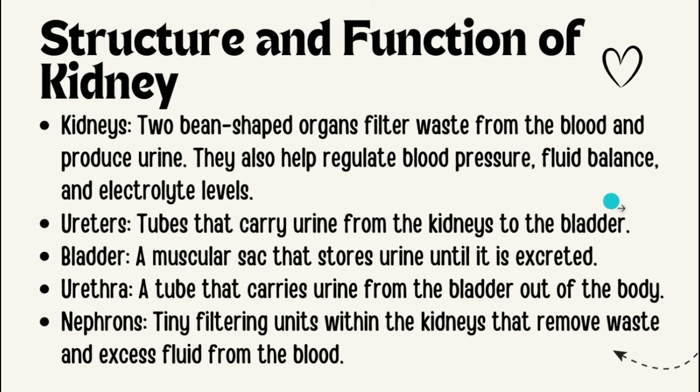Now, as it relates to the structure and function of the kidneys, as I said before, it is the main excretory organ. For structure, you just need to know what it looks like: it's two bean-shaped organs. We don't have one kidney, we have two.